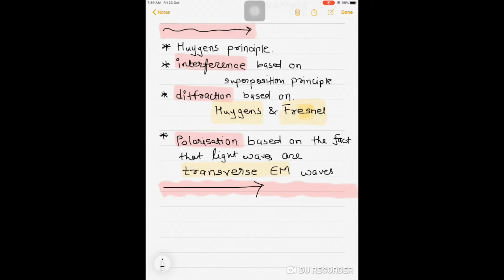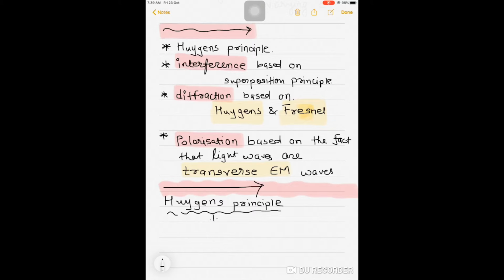First of all, we will try to understand Huygens principle. Now, to understand Huygens principle, we need to understand what a wavefront is.